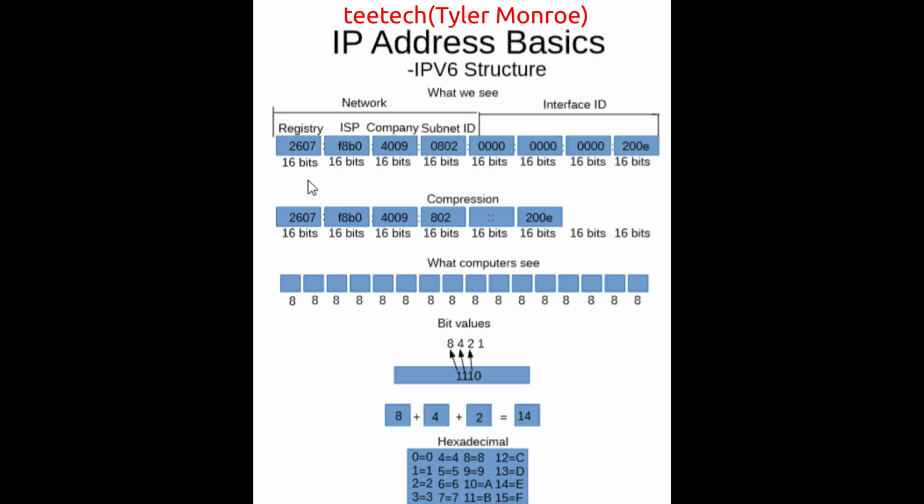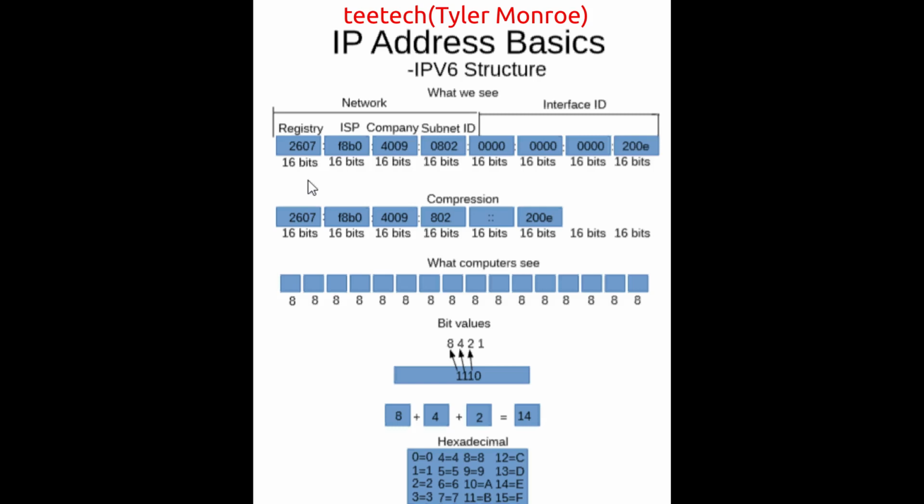But when you keep going over, the next part represents the ISP, the service provider, and they were assigned that by the registry. Okay? The next part is the company. And the final part, in the network part at least, is the subnet ID. Okay, or just like this subnet part.